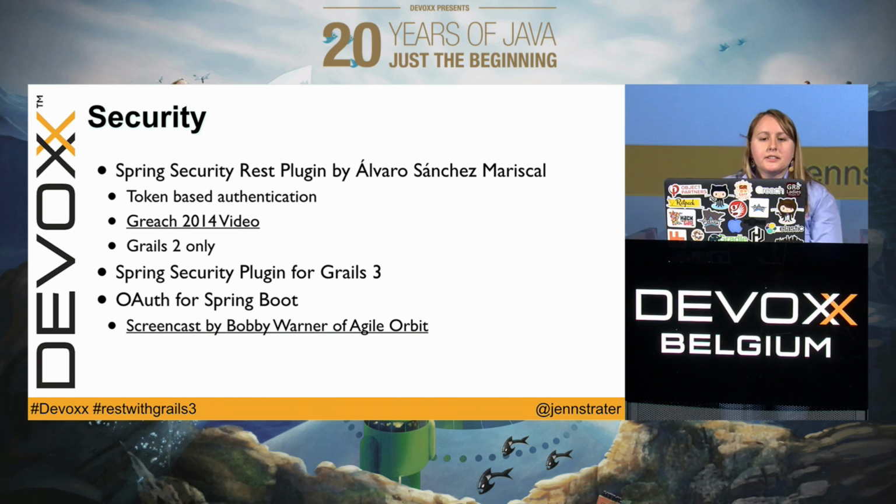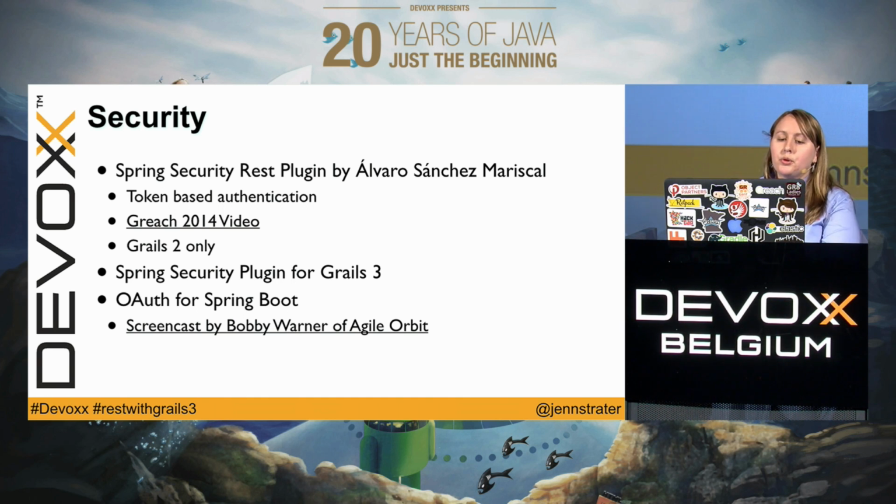So I'd be remiss if I didn't mention security. I did go over, like all of this was open, and you may be able to post things you don't particularly want to. So there are some things that are hopefully coming. If you're using Grails 2, there is a Spring Security REST plugin, and there's a great video from Greach a year ago that goes through in depth how to do that.